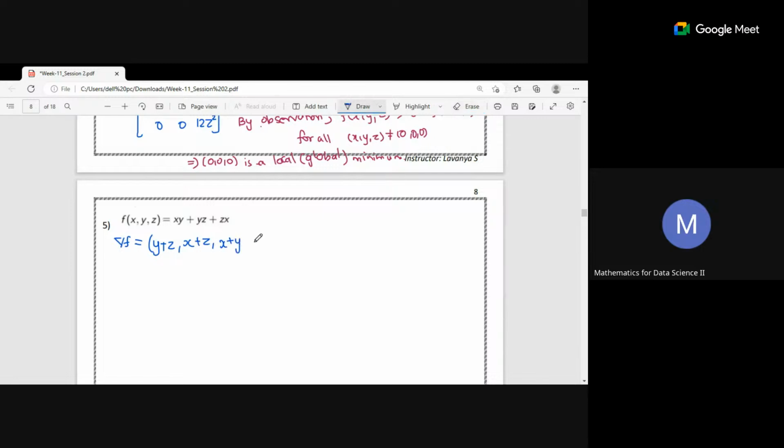Now, if you equate del f to 0, you get three equations: y plus z is 0, x plus z is 0, and x plus y is 0. So from this you get x is equal to minus y is equal to minus z. X is equal to minus y, x is equal to minus z, but also y is equal to minus z, right?